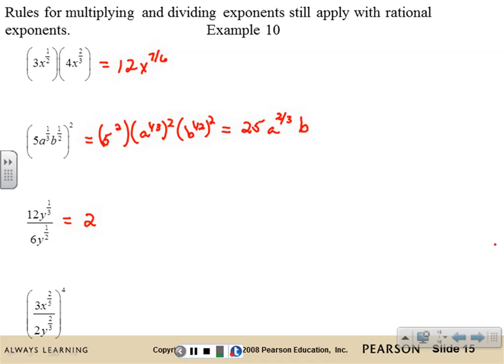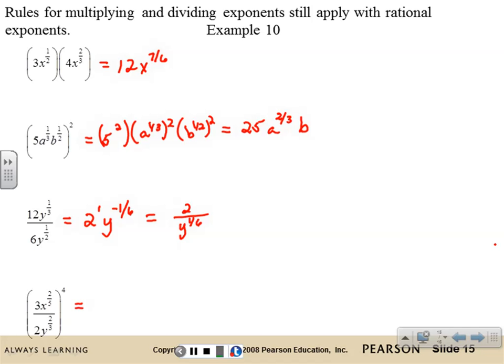Again you can put that in your calculator, but you're going to have y to the -1/6. So remember, we can't have a negative power, but remember the power of 2 is 1, so it's going to stay on top. And then the y to the 1/6 is going to go on bottom.